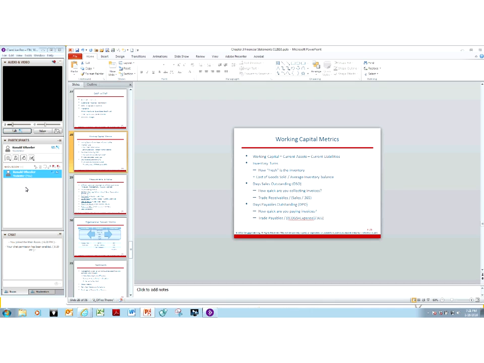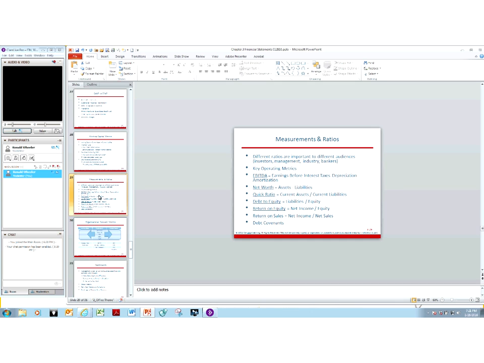Is that a function of them extending their vendors? Are they paying them more slowly? Are they basically using accounts payable as a form of debt rather than having to borrow more money? Again, invoices tend to be due about 30 days. It wouldn't surprise me to see days payable outstanding in a 30 to 45 day range. If you see it going out beyond 45 days, you probably want to understand those trends and what is going on within the business.